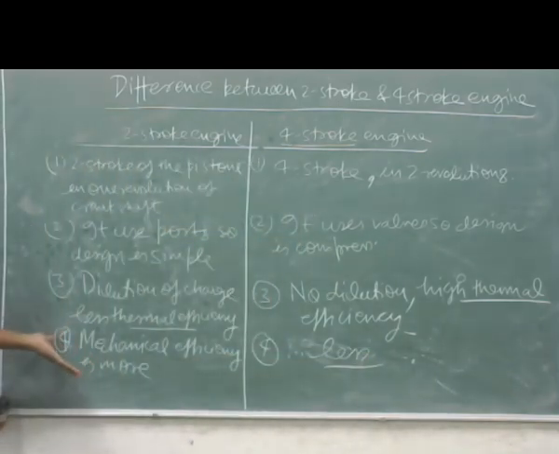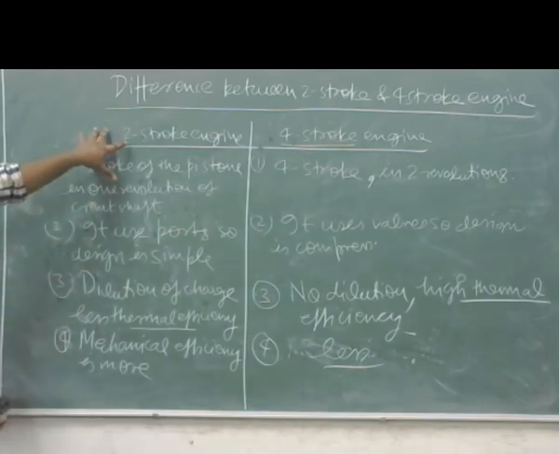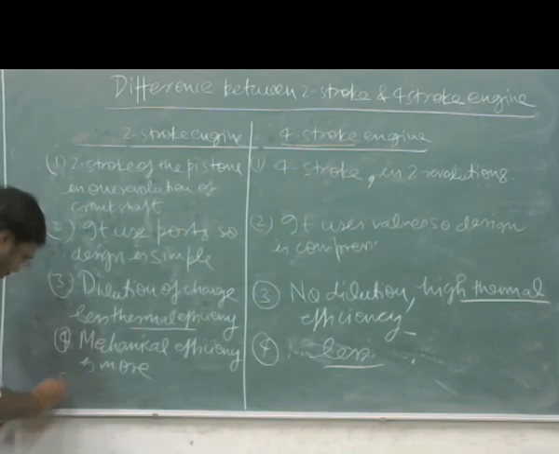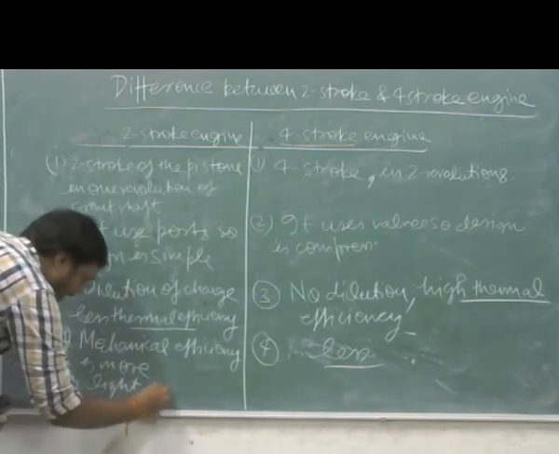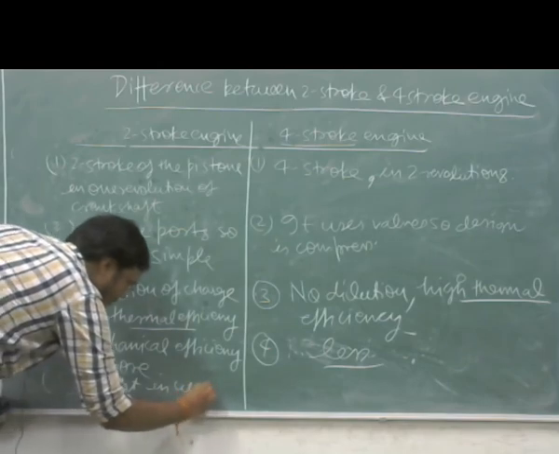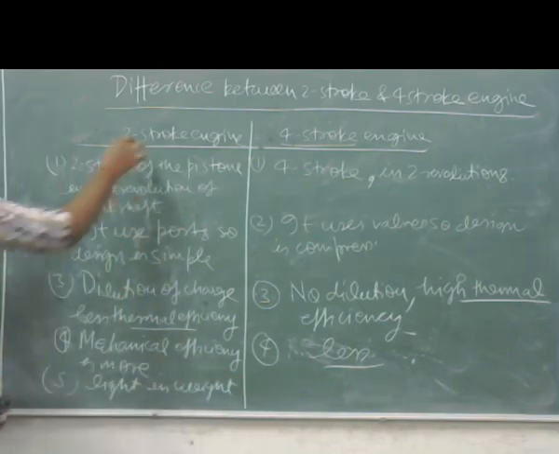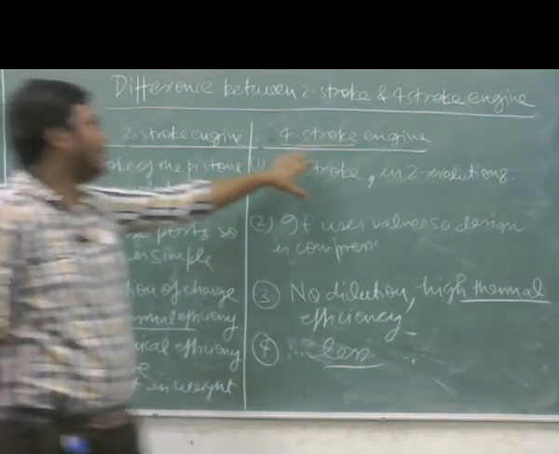Another point you can write here: two-stroke engines are light in weight. Why light in weight? Because these engines have fewer parts, fewer components. Four-stroke engines have more components.